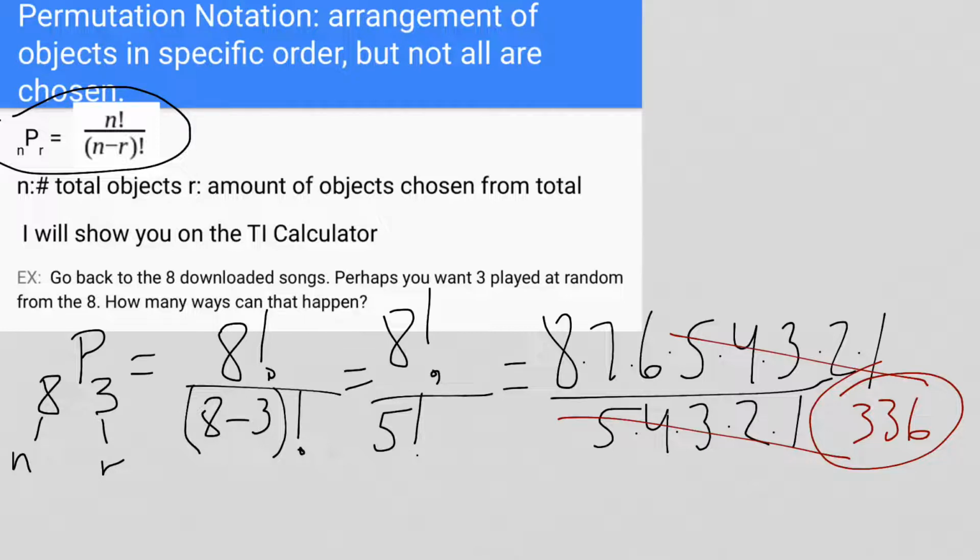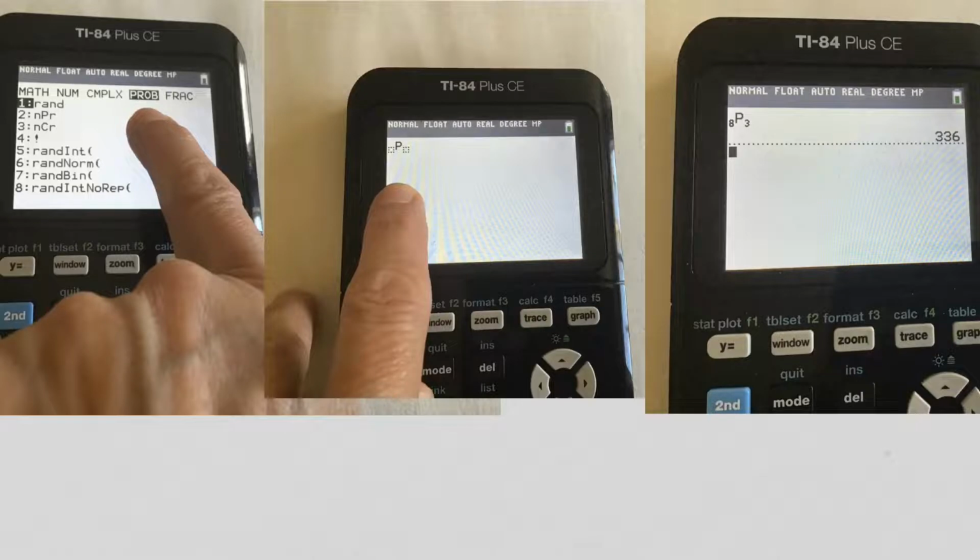All right, on the calculator part, still would be pressing the math button, going all the way over to the right to prob, and we're going down to number 2. Now, if you have a newer version, when you press number 2, it should come up like this. And you would move your cursor, put the 8 on the left, the 3 on the right, enter, and you'll get your amount of ways, which we did manually before, 336 ways.